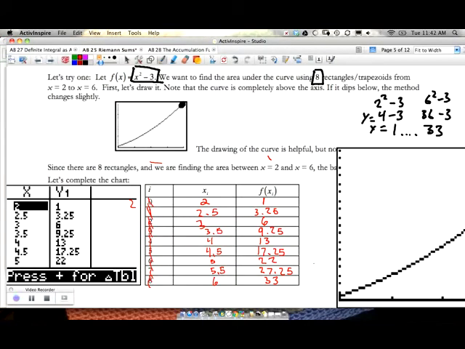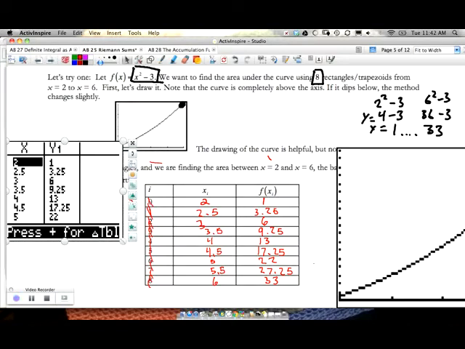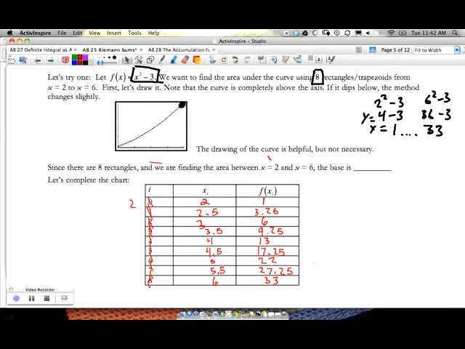So now, what are we going to try and do with that information? We can get rid of this and get rid of this. There we go. So the base that we were using for each of these, I didn't fill it in yet, but it is 0.5.